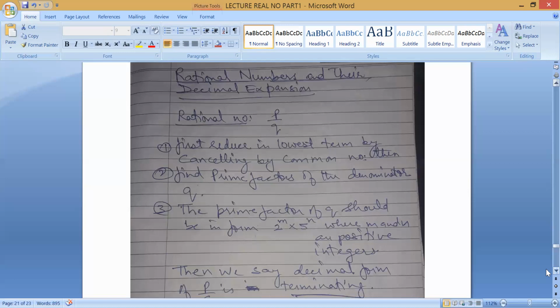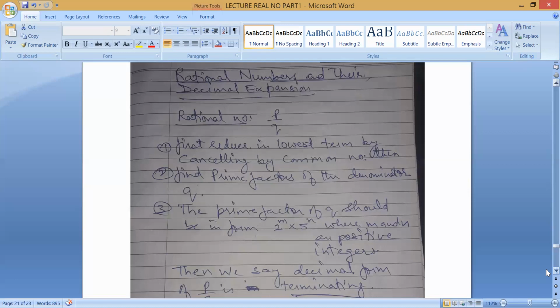It cannot be negative. So suppose m is 0, so 2 to the power 0 becomes 1. Or if n is 0, then 5 to the power 0 is 1. So if the prime factors of the denominator are 2 to the power m or 5 to the power n or 2 to the power m into 5 to the power n, then we say that the decimal expansion of the rational number is terminating.